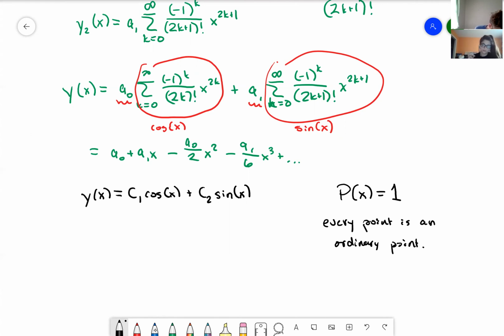Now, they have this nice picture in the book where they show what happens. Let's start off with cosine of x. We saw this was equal to 1 minus x squared over 2 plus x to the fourth over 4 factorial, which is 24, minus so on.